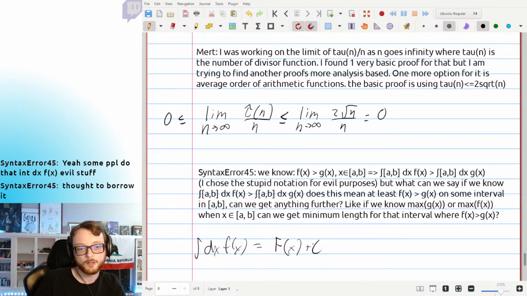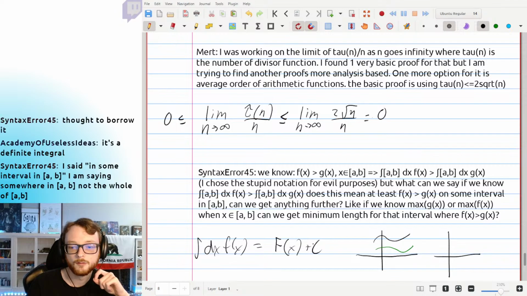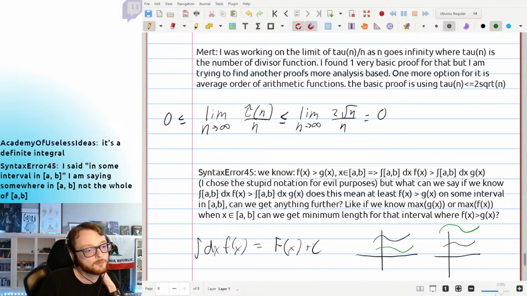If we don't have extra information about a point for each of these functions, f of x could have more area under the curve, but as soon as you integrate it, you could just shift g way up there. The concept of integration gives you way too much flexibility. Oh, it's definite. Oh, you're right, Slim. Ah, I'm bad at math.